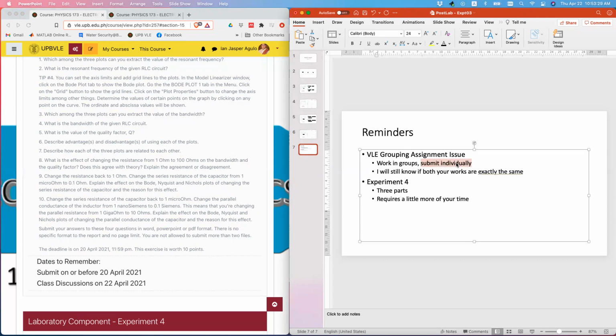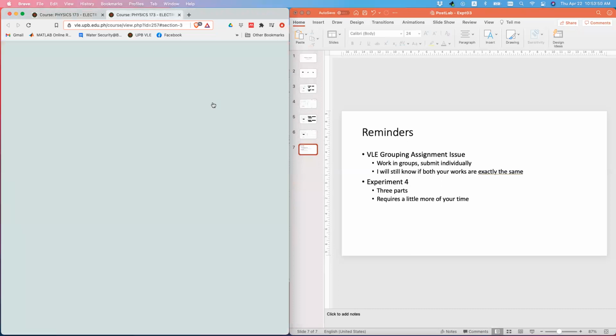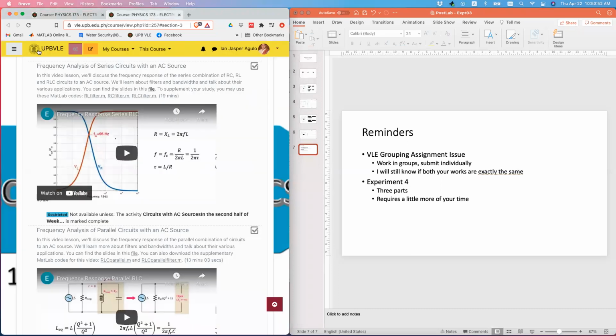Okay, and the reason for submitting individually is confirmation na nag-agree kayo, both of you agree dun sa submission. So dapat both submissions ay exactly the same.